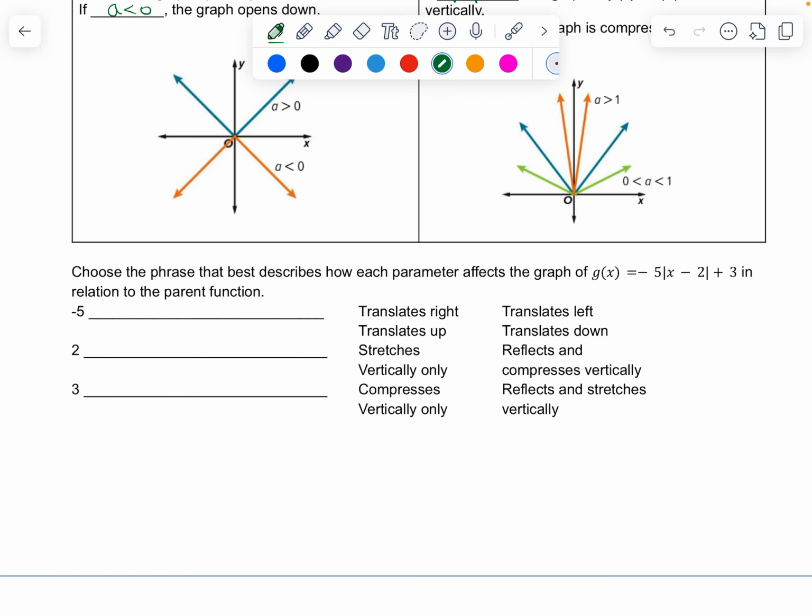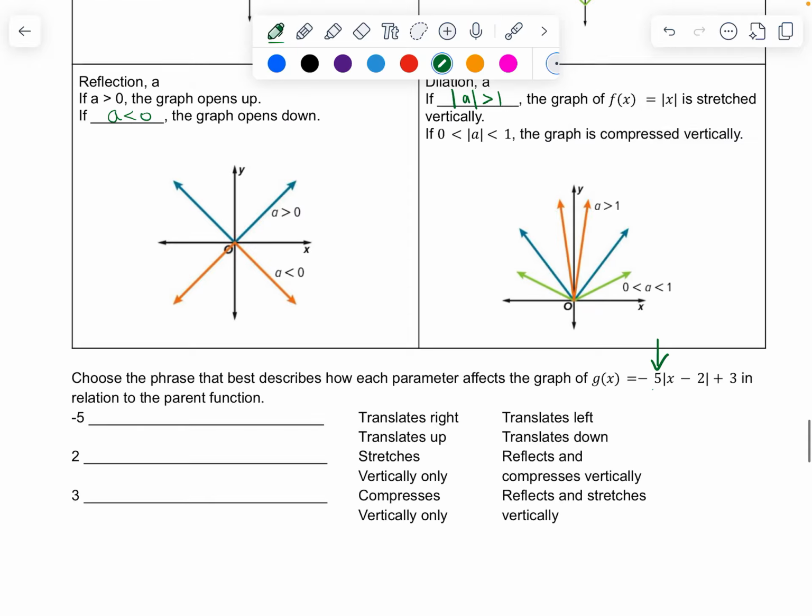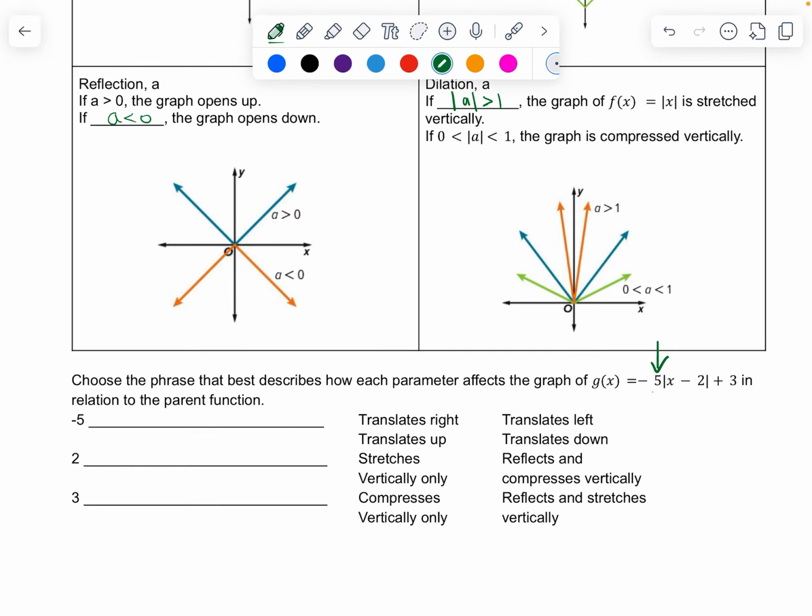Okay, choose the phrase that best describes the parameters. So -5, this number right here, that's going to deal with a stretch or a shrink. So let's look. It's on the outside of the parentheses. It is greater than 1. So that means it's a stretch. Okay, so we're going to stretch it.